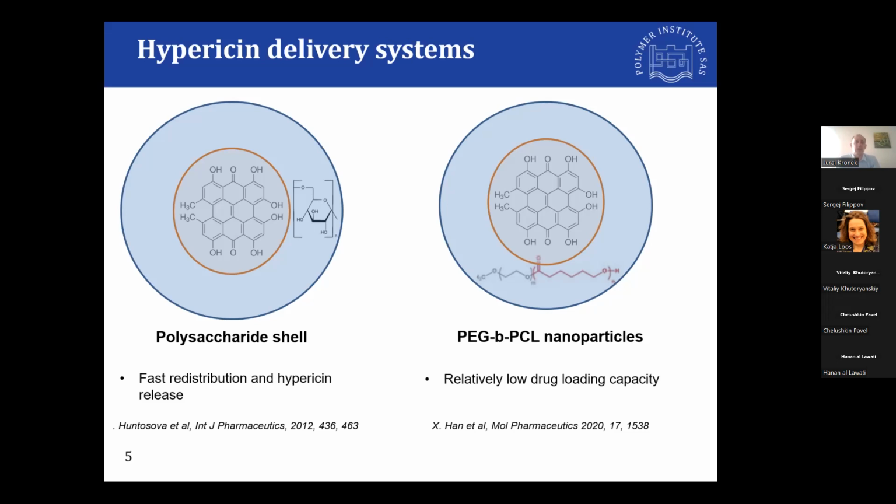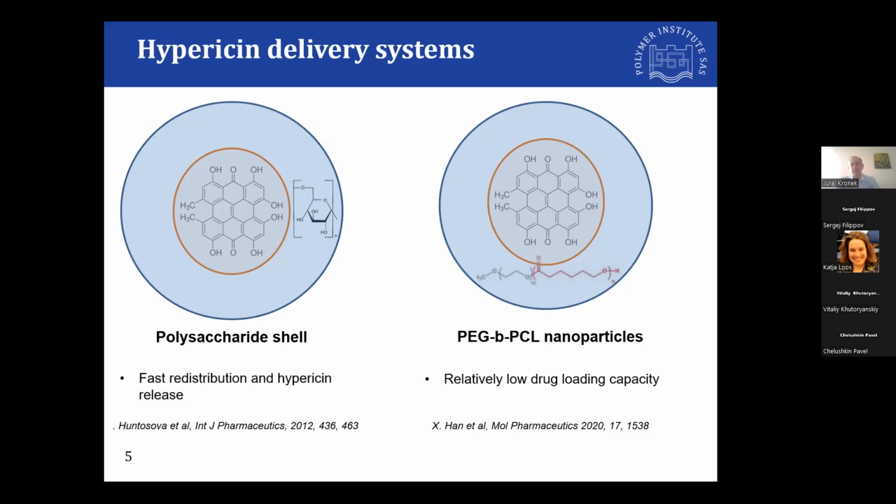In the study of Professor Miskovsky, with whom I recently cooperated, they tested lipoproteins and lipoproteins covered by cyclodextrin to deliver hypericin, but they observed very fast redistribution and very fast release of hypericin, which leads to not so efficient photodynamic activity.